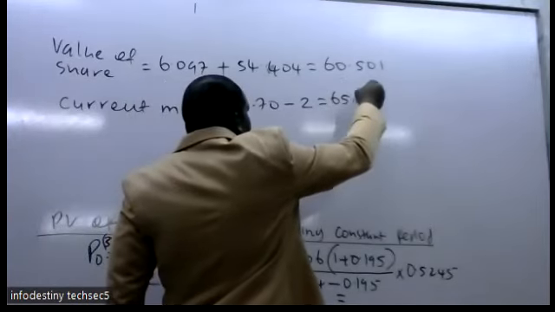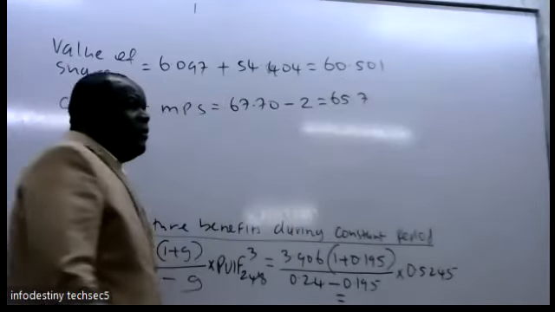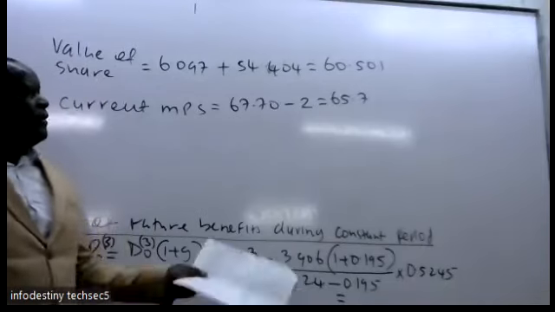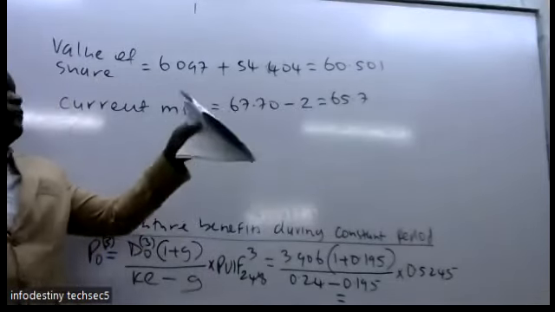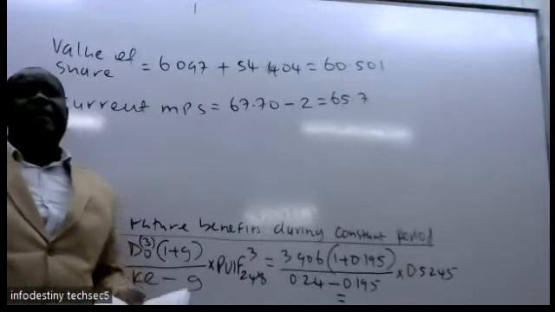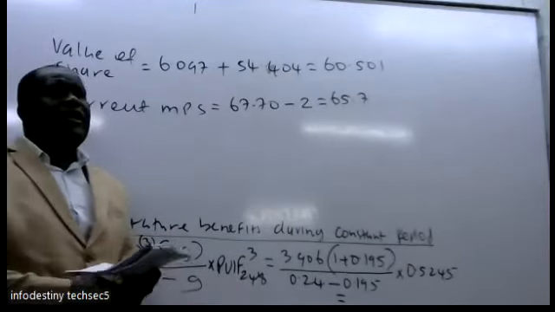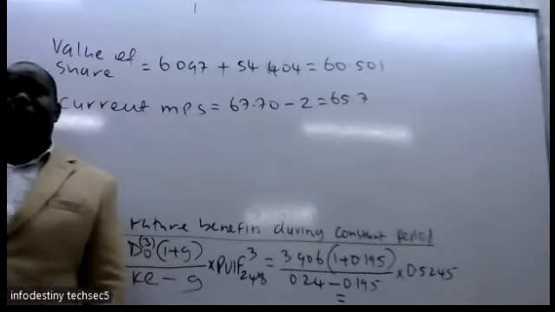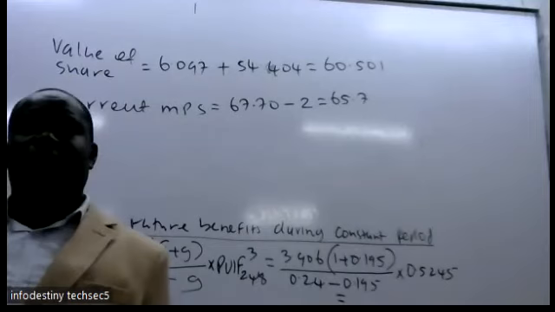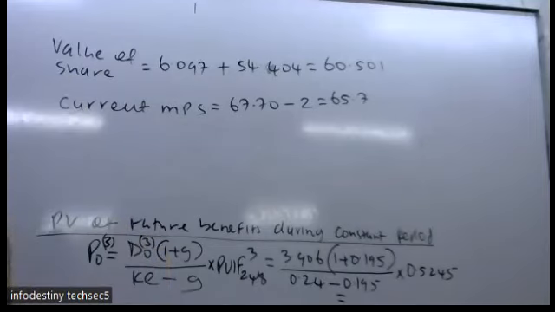It's 65.7. Yes, so the share is going at 65.7 on the market. But the true value of the share is what? 60. So this share is overvalued by the market. The comment there is that the share is overvalued by the market forces.